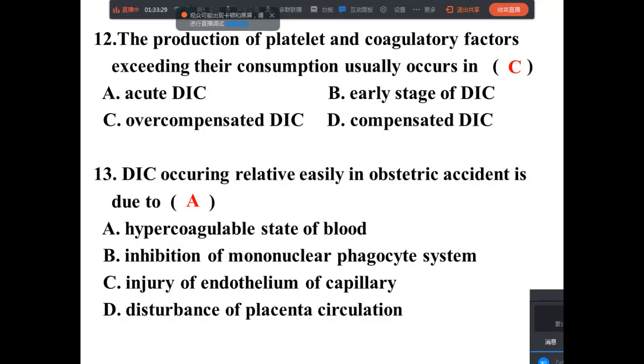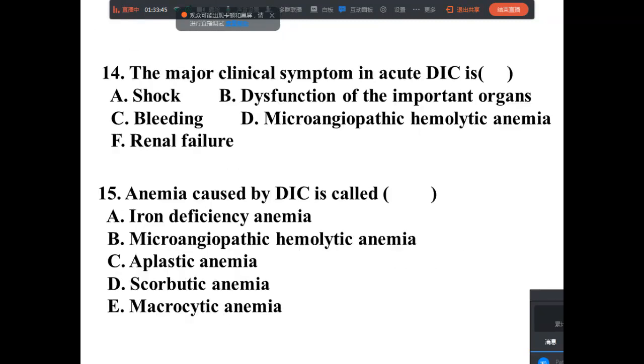Is it etiology or triggering? Etiology, obstetric complication. It is etiology, not triggering. Triggering is hypercoagulable status.